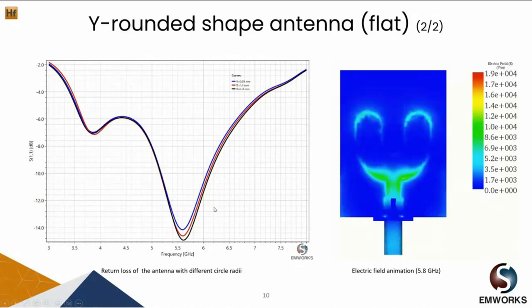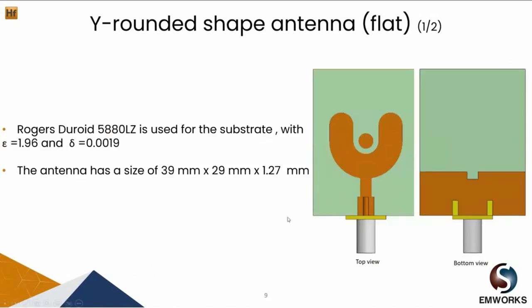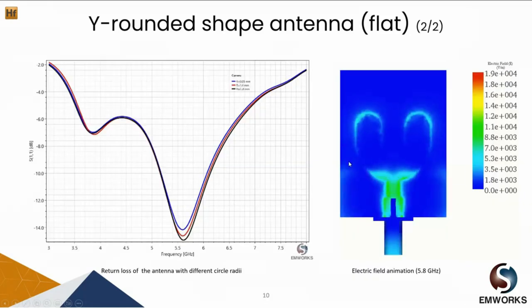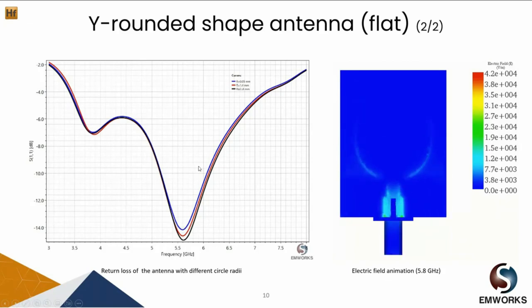If you remember from the previous slide, we have the circular element just at the center of the antenna. As we can see from this graph, increasing the radius of the circular element helps to improve the reflection coefficient as well as the bandwidth.